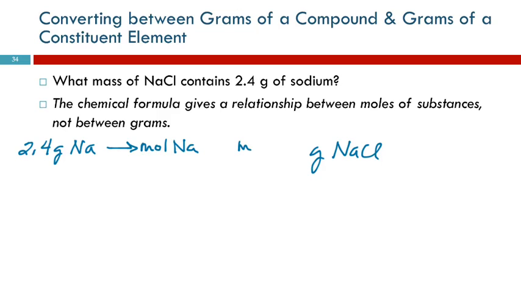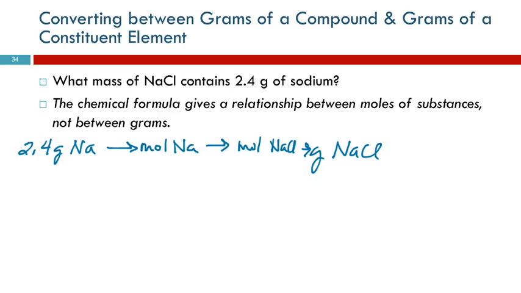And if we had moles of NaCl, we could figure out the number of grams, because we just learned how to do that also. And then, based on the formula, we can go between moles of sodium and moles of sodium chloride. So, we go from grams of sodium to moles of sodium, to moles of sodium chloride, to grams of sodium chloride.